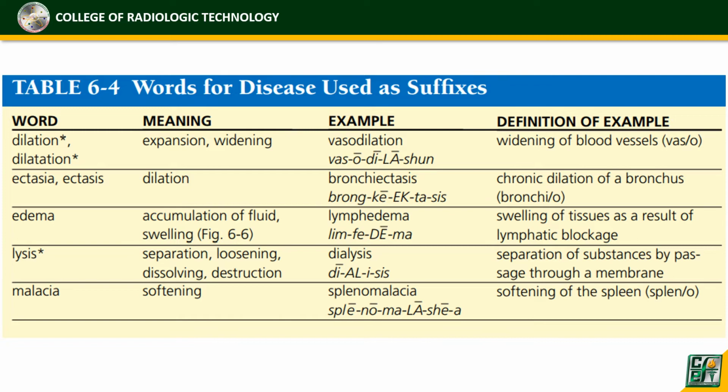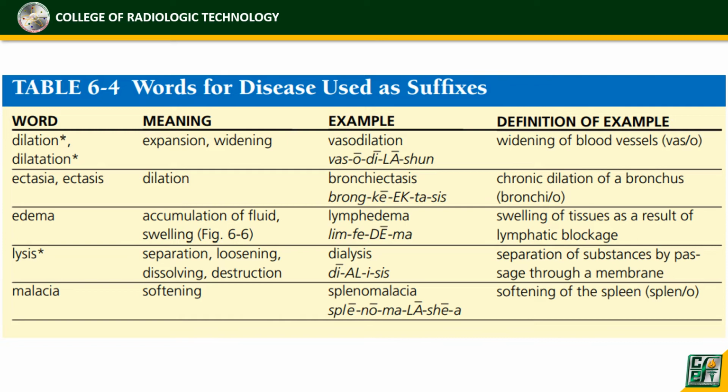Then we have ectasia or ectasis. Dilation also is the meaning of ectasia, or widening. Then we have the example bronchiectasis, meaning chronic dilation of the bronchus.